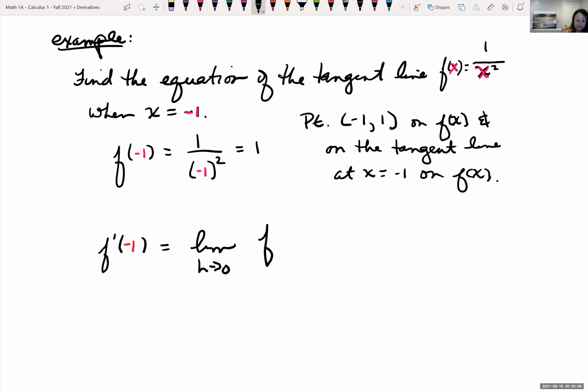I'm going to first write it like this: f of x sub 0, so our -1 value in this case, plus h, minus f of -1, all over h.